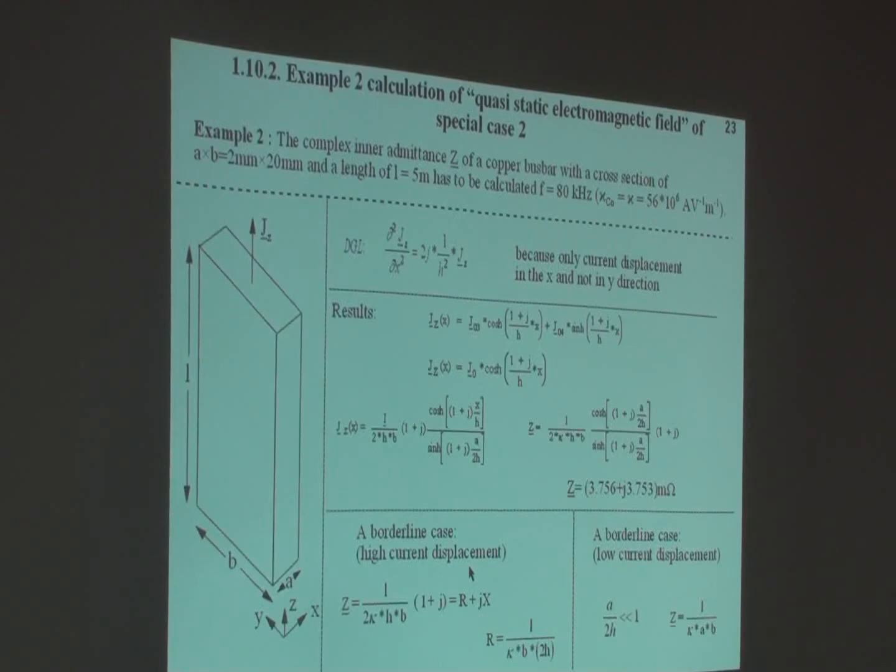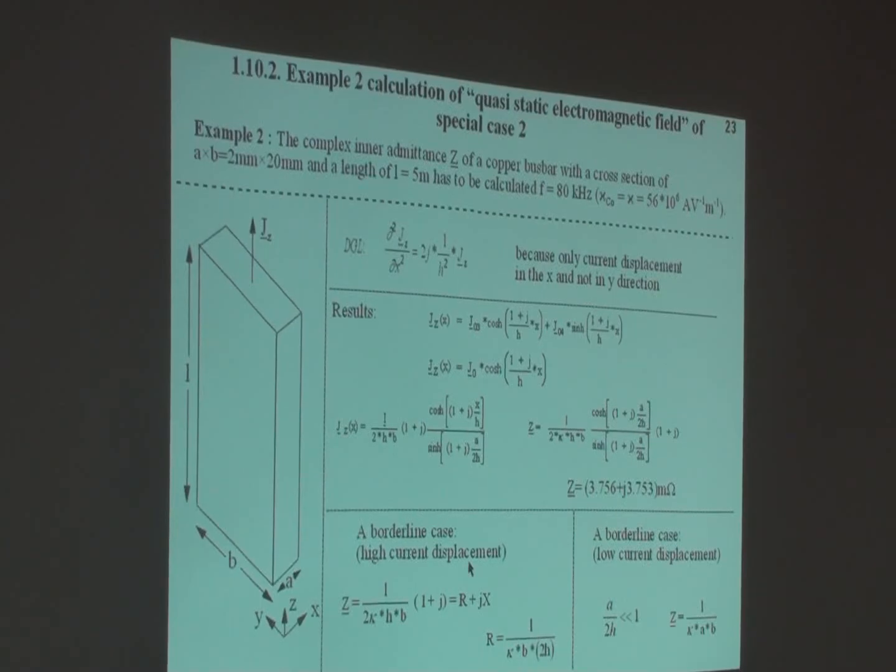And you have to decide, do I have high current displacement or small displacement? If you have high current displacement, I will tell you how to calculate the resistance of this bus bar here.